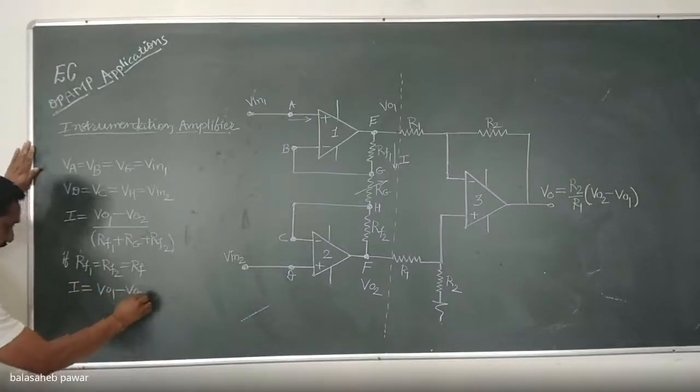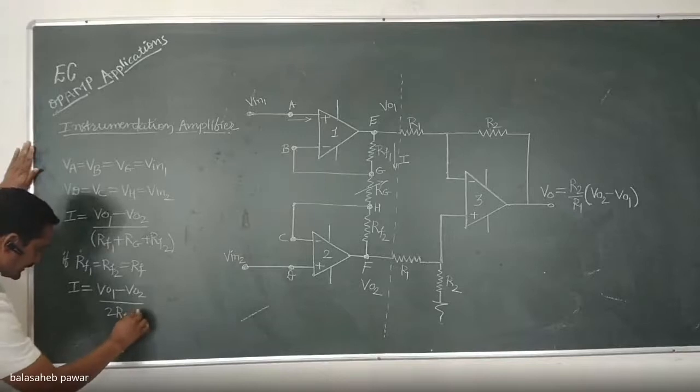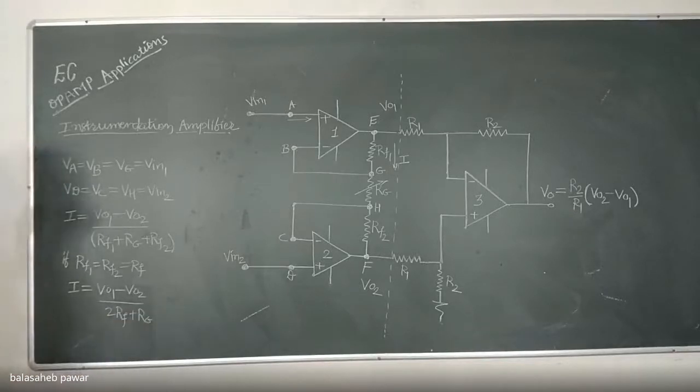Therefore, the equation for current becomes I equals VO1 minus VO2 divided by twice of RF plus RG. This will be the total output current flowing through that series combination, right? Is it okay? Are you there?